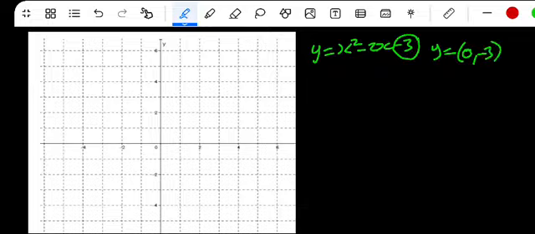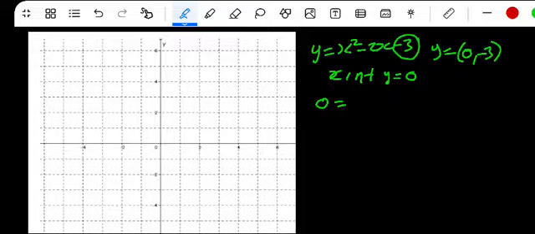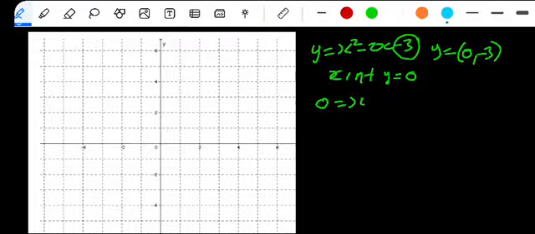Let us find the x-intercept. We know that at the x-intercept y is equal to 0. So we have 0 equals x squared minus 2x minus 3. Let us factorize this.